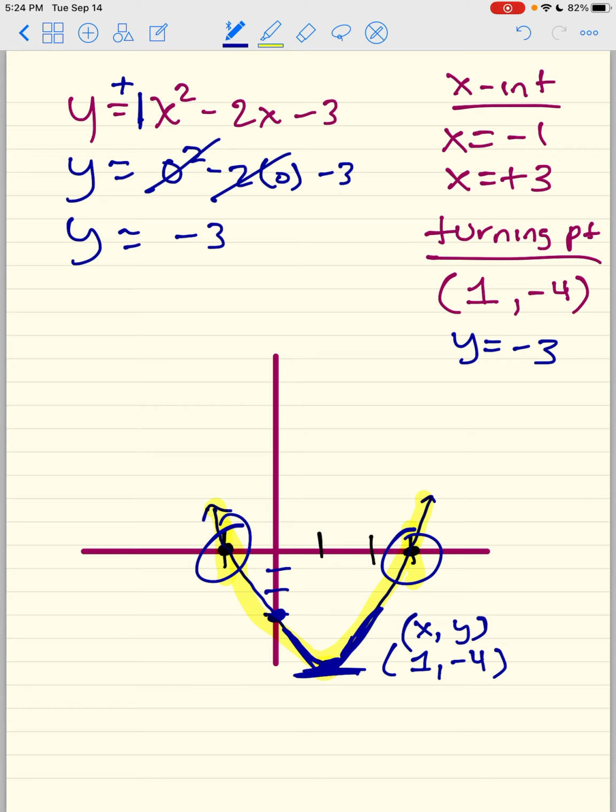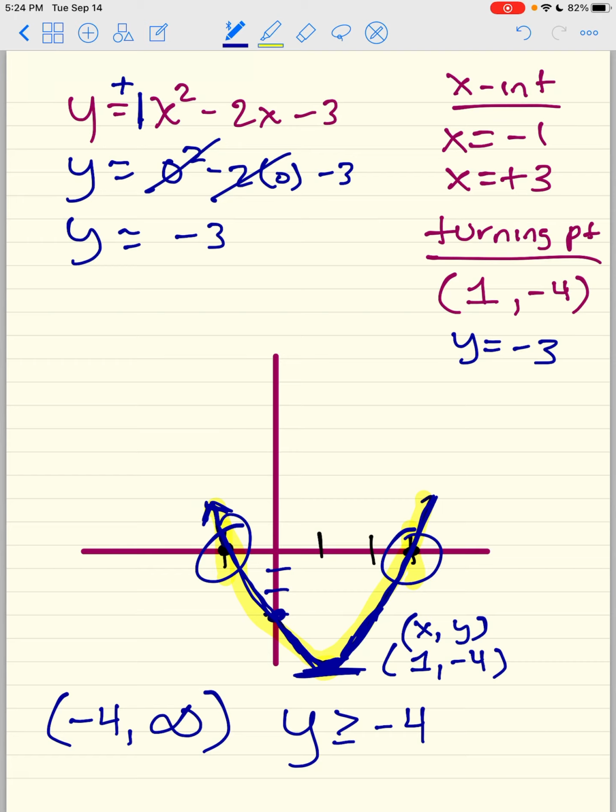Everything goes up, and nothing ever goes below -4. So my range, in interval notation, is from -4 and up. Up means +infinity.